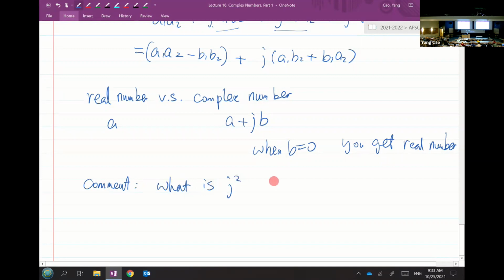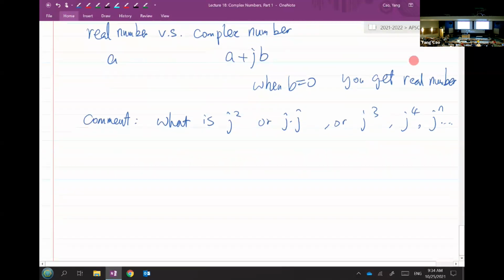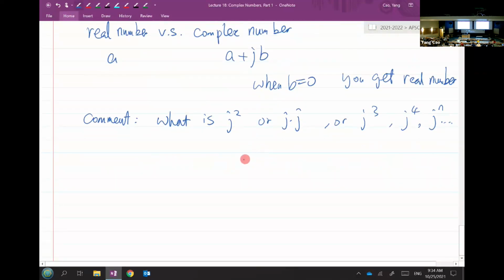So what is j squared, or j times j? Or how about j cubed, j to the 4th, and continuing, j to the power n? How would you interpret each one of the terms? How could you quickly get that number? I'll illustrate like this.